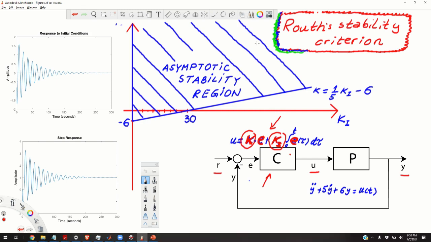As you will see in this video, the region in the parametric space Ki and K that guarantees the asymptotic stability of the system and tracking of step reference signals is given by this region over here.